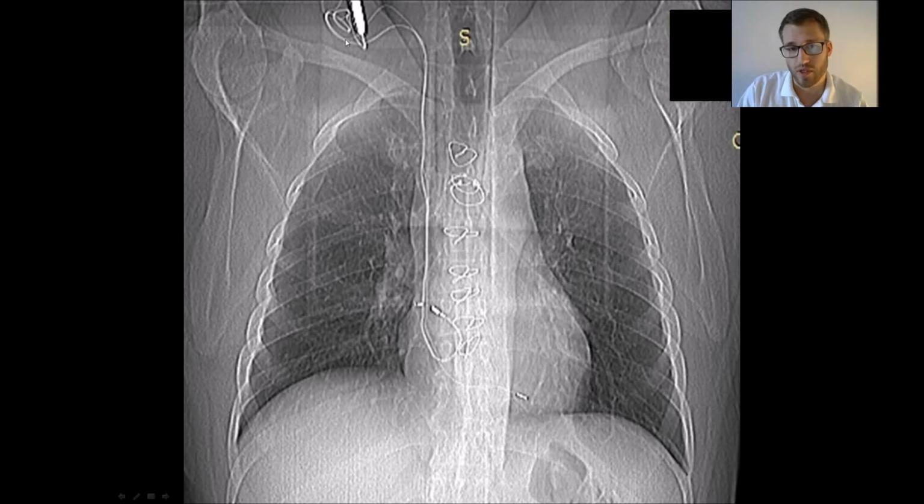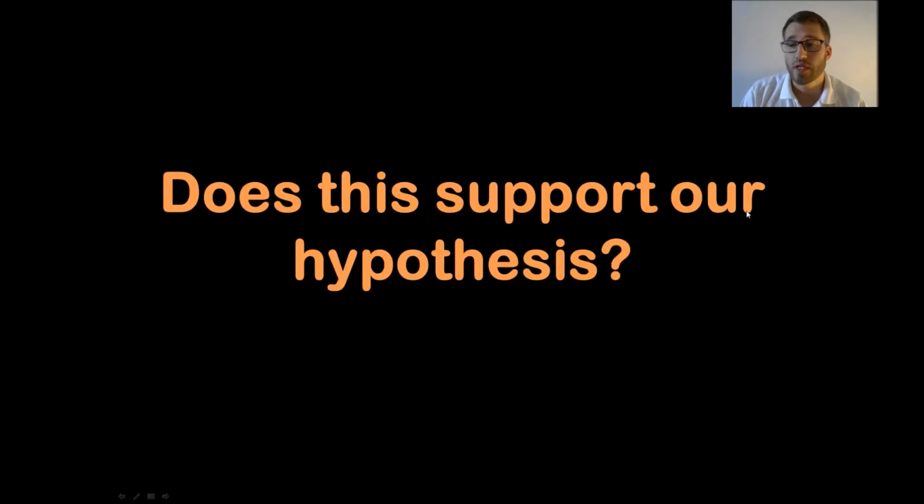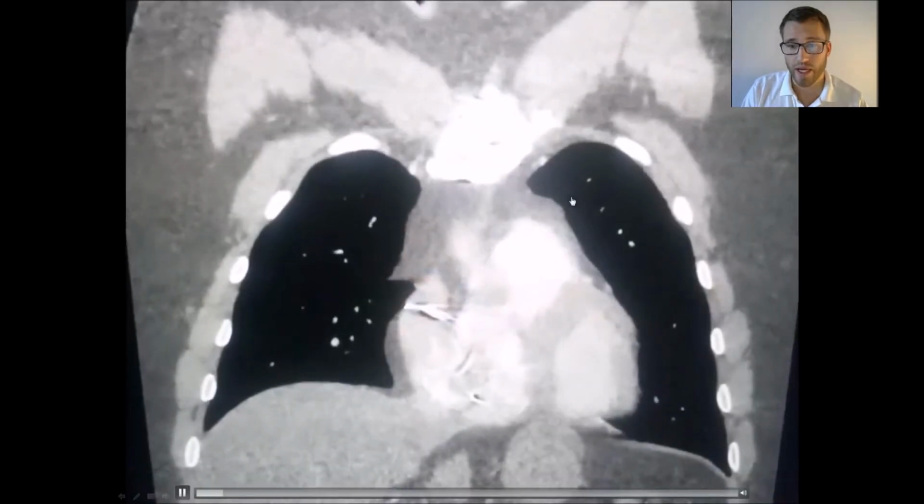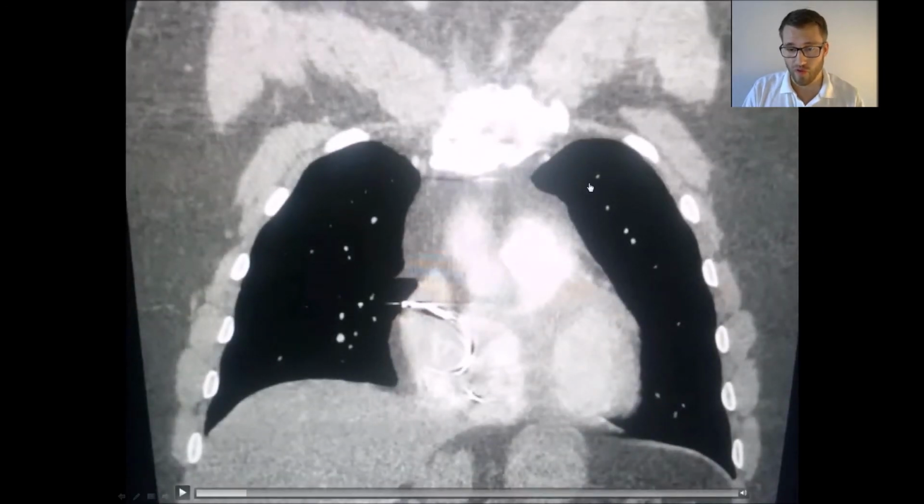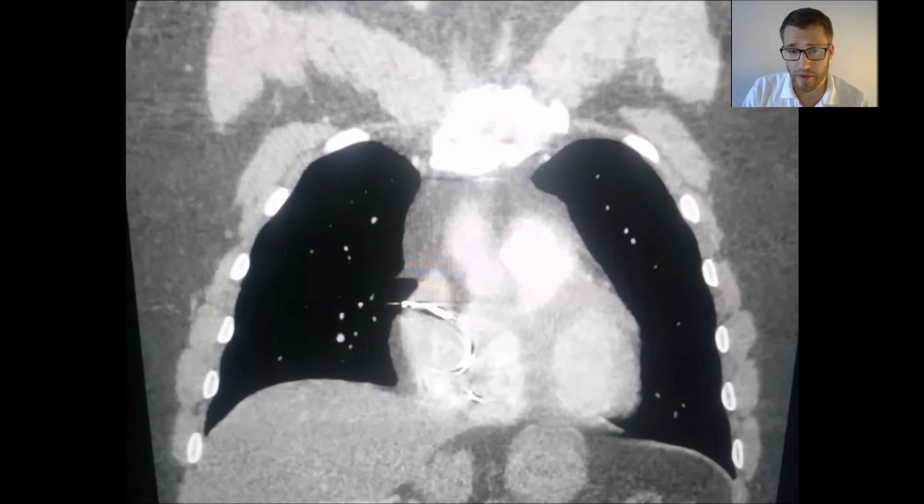What supports our hypothesis? And what can we do to further support our theory and to make the diagnosis of a persistent left vena cava superior? We had the chest x-ray that was performed when the patient initially presented to the emergency department, and there we performed the chest x-ray to exclude, or in this case confirm, the pulmonary embolism.